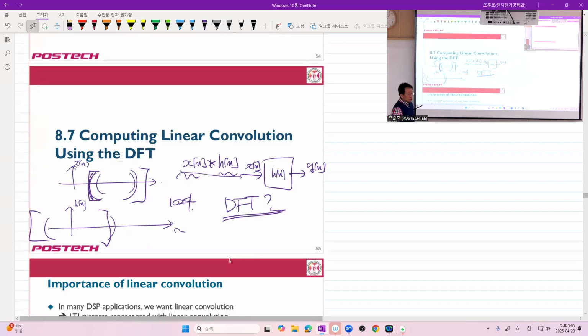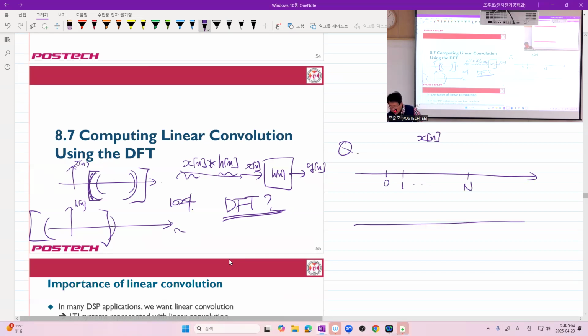Anyway, here goes one of the very important parts, another application of DFT. The question is like this. Just for simplicity, let's assume that you have two signals, x and h.